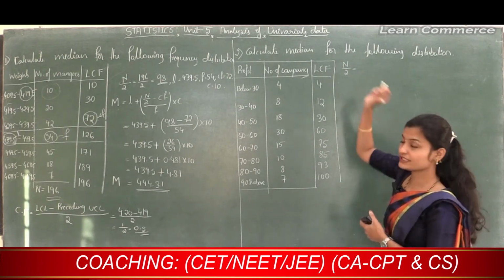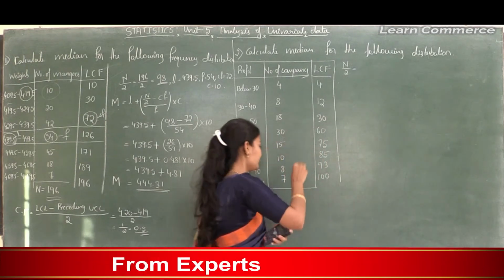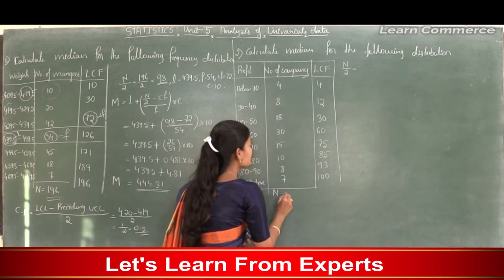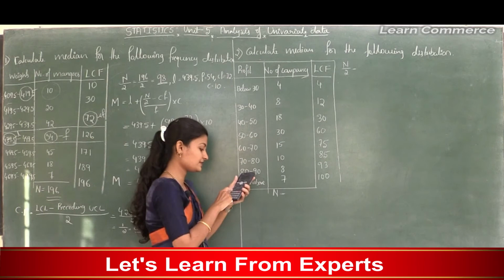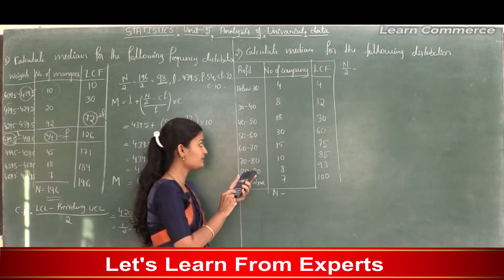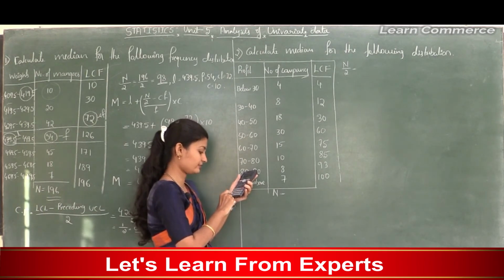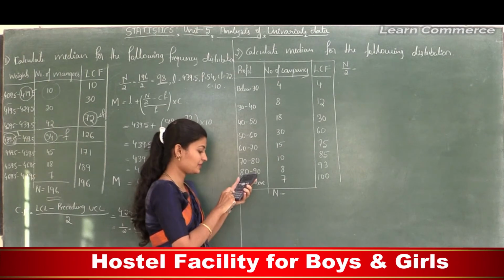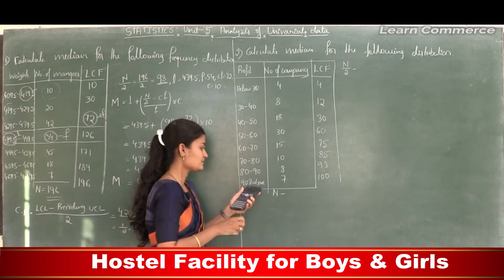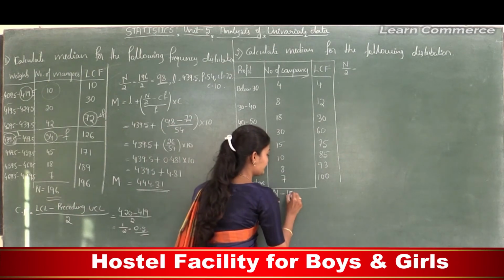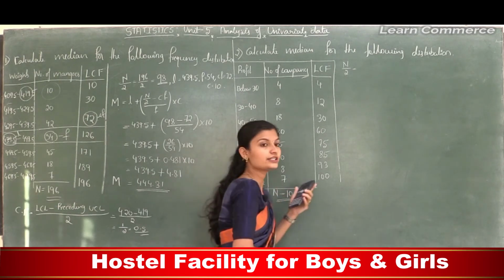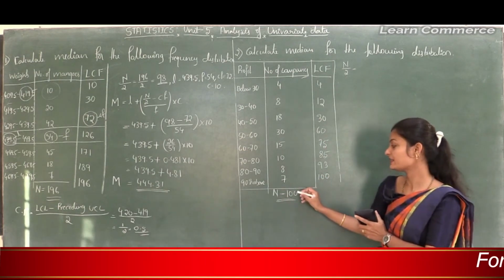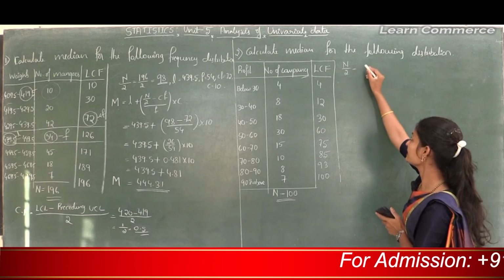We know that here N is the total frequency. Here the total frequency is 4 plus 8 plus 18 plus 30 plus 15 plus 10 plus 8 plus 7. So here capital N is 100. Next we need to substitute this capital N value, 100, in this formula.